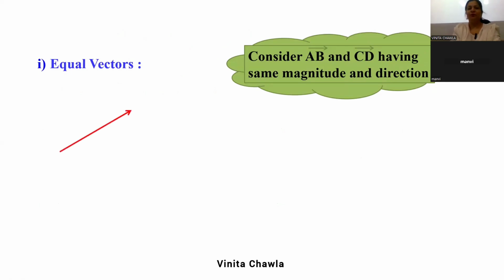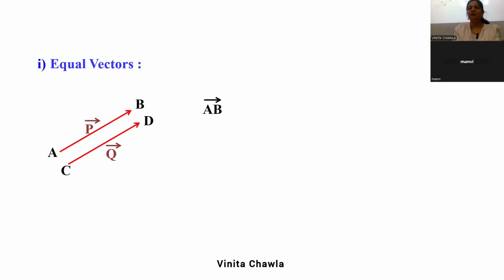Say we have two different vectors, AB represented by vector P and CD represented by vector Q. You can see that the lengths are equal. The length of the arrow represents the magnitude of the vector, so equal lengths mean equal magnitudes. They have the same magnitude and they're pointing in the same direction, so they're said to be equal vectors. So vector P is equal to vector Q, or we can write vector AB is equal to vector CD.